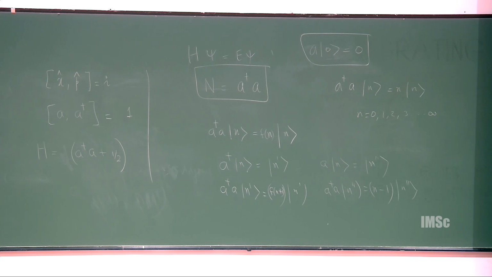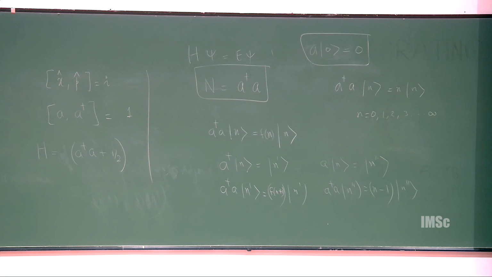The lowest state is the ground state, 0. I am going to write the vector. This is my vector for that: 1, 0, 0, 0 up to infinity. That is my ground state.